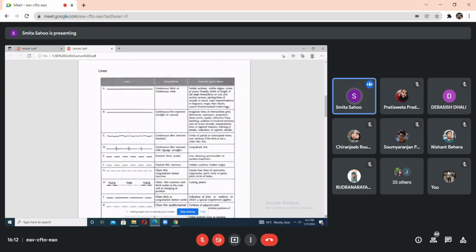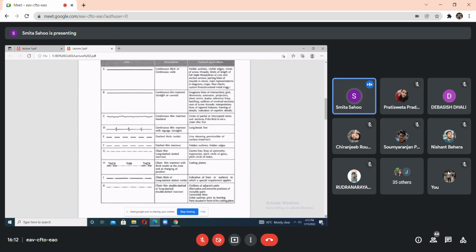Now coming to the types of lines. We have various types of lines used in drawing, and we cannot have a single type of line for everything. To define different things, we have to use different types of lines.